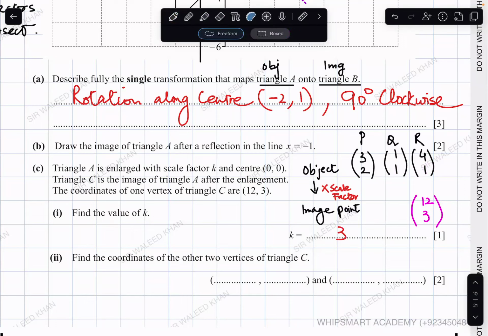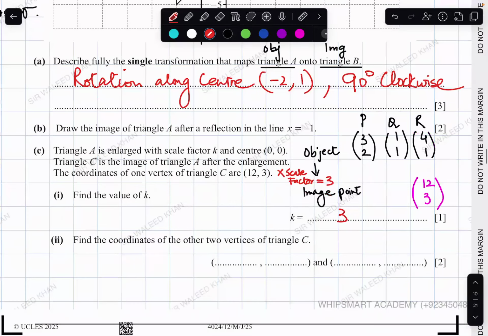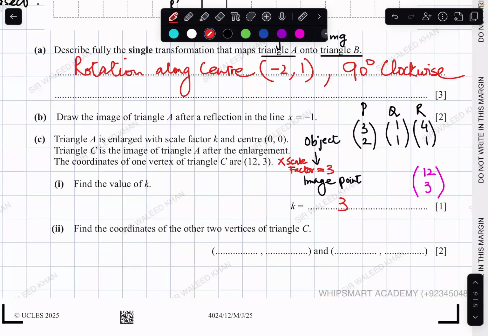Is that clear, Hiba? Were you done with this? Yes, sir. Good, well done. The scale factor over here is 3. Now, they're saying find the coordinates of the other two vertices, so it's easy for you. Now, Manur, tell me, what are the coordinates of the other 2 points?